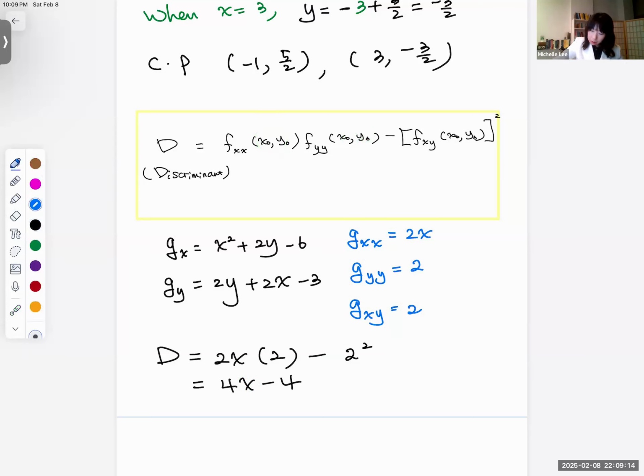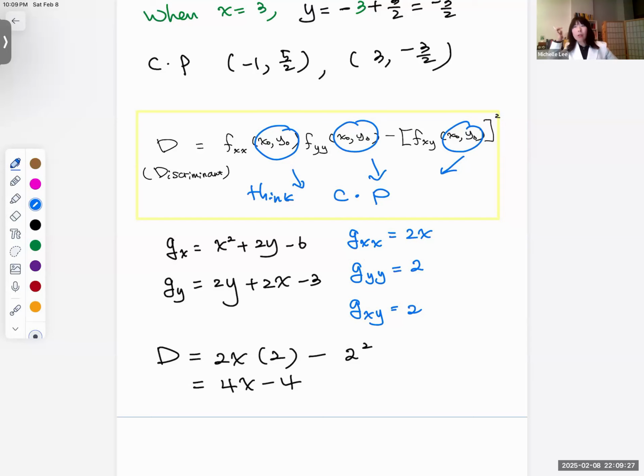So critical points. All right, so we have 2 critical points, but then we can use only x, right? Because there's no other variable beside x, right?